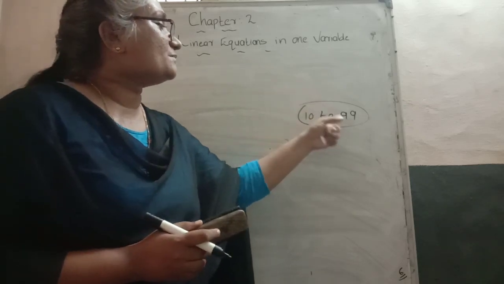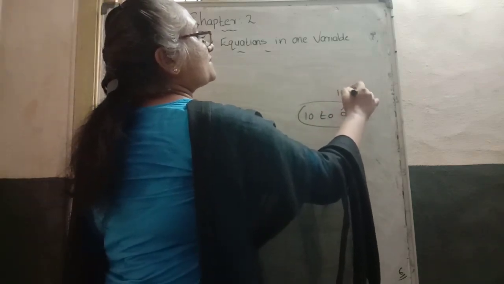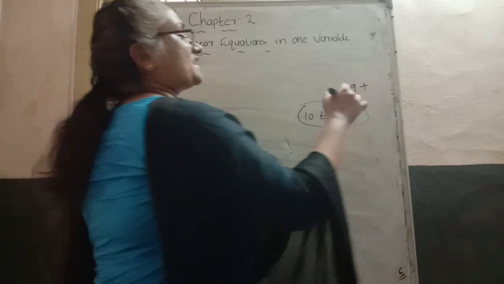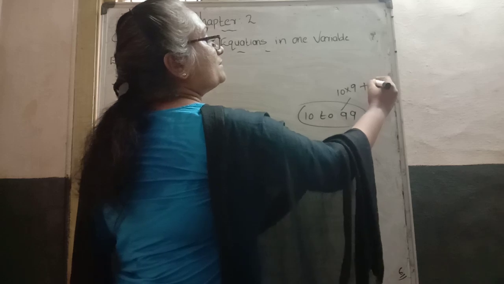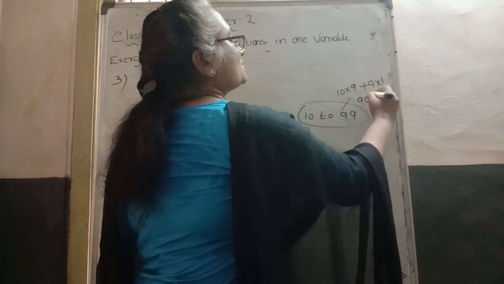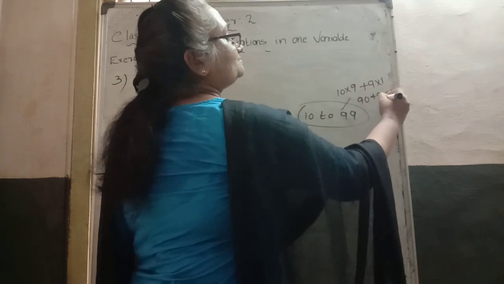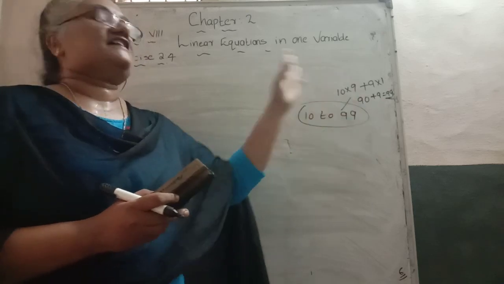The first 9 is in the tens place, so we represent its place value as 10 into 9. They are separated with a plus sign. The place value of the unit place is 1, so 9 into 1. So 10 into 9 becomes 90, plus 9, and in this way we get the number 99. So we split and write it this way.